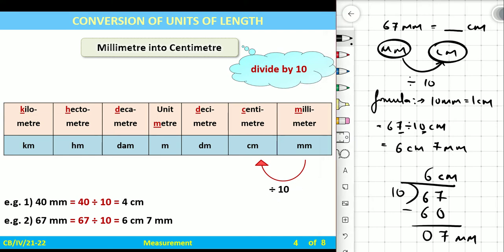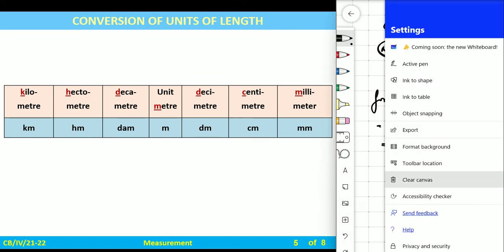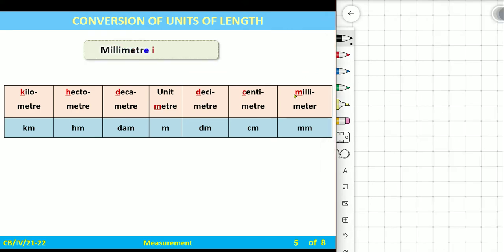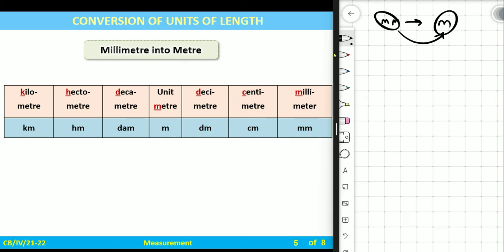Now going towards our next point. Our next point is converting millimeter to meter. So going from a very small unit to a very large unit, we must use division. Smaller to larger, division. How many steps do we need?